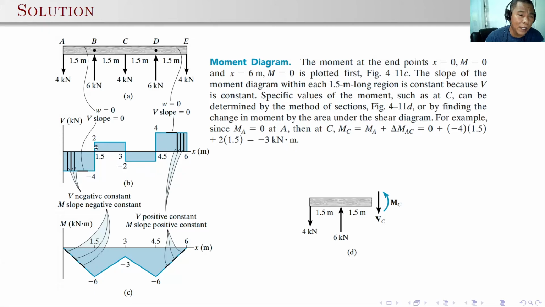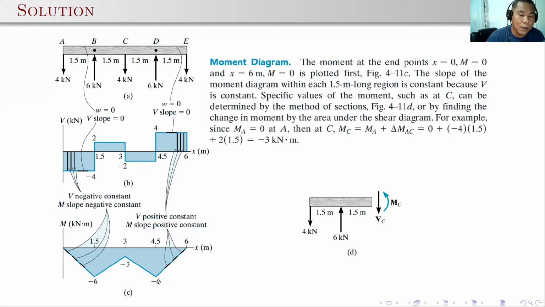And also you can add 2 times 1.5, that's 3, so -6 plus 3, that's -3. And then another one, -2 times 1.5, that's -3, so -3 minus 3, that's -6. And we have 4 times 2, that's +6, so -6 plus 6 is equal to 0.